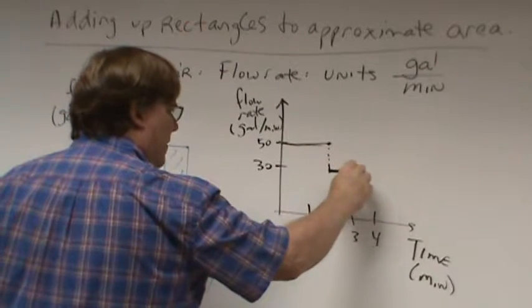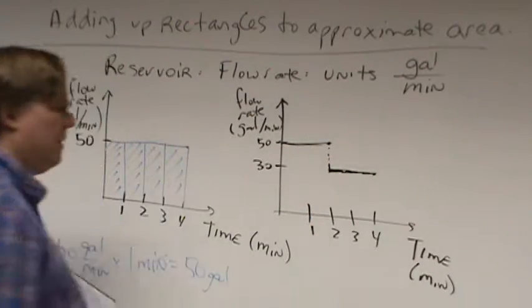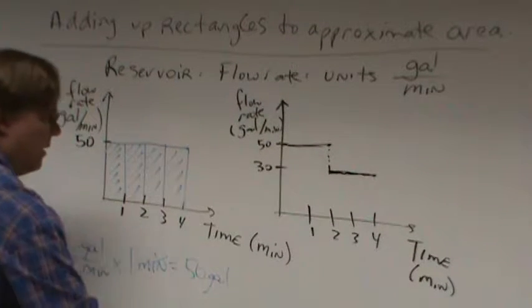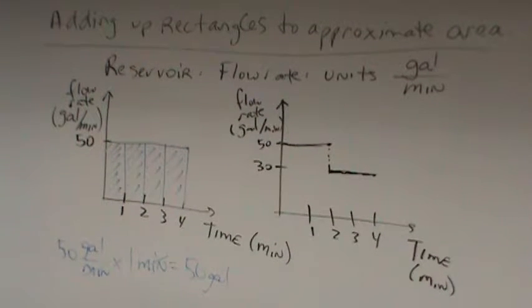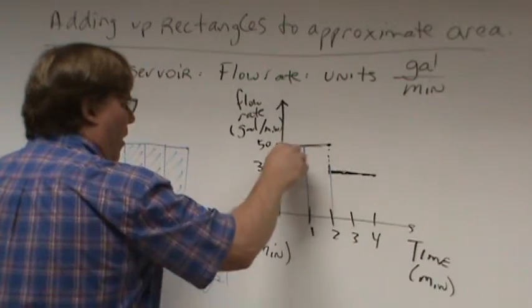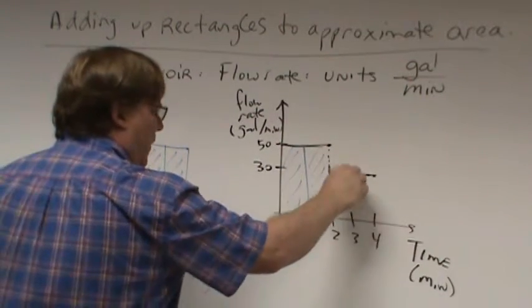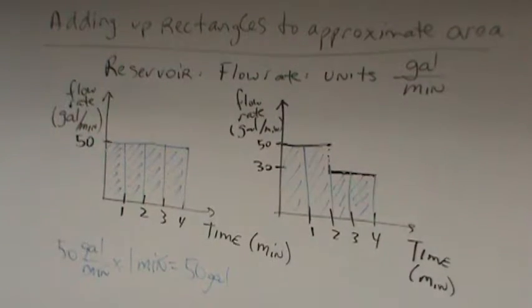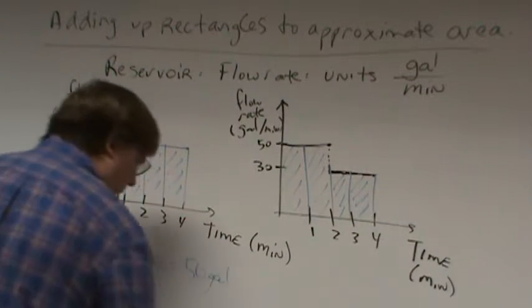And for 2 minutes, it's like that. Well, now, how much water flowed in? 160. You guys getting 160? Sure, because these 2 rectangles are 50 plus 50 plus 30 plus 30, so it's 160. That was easy. Let's do another one.